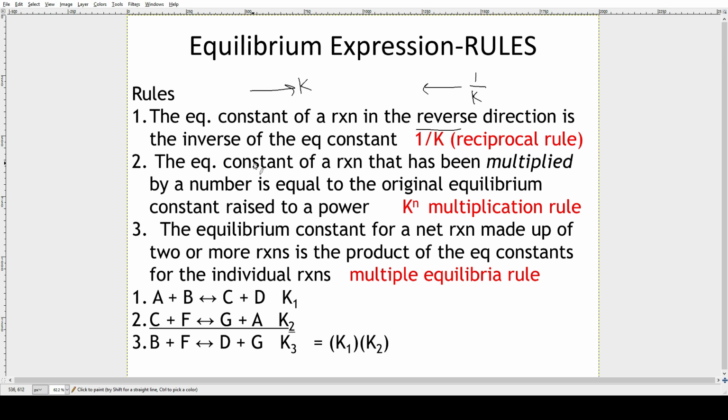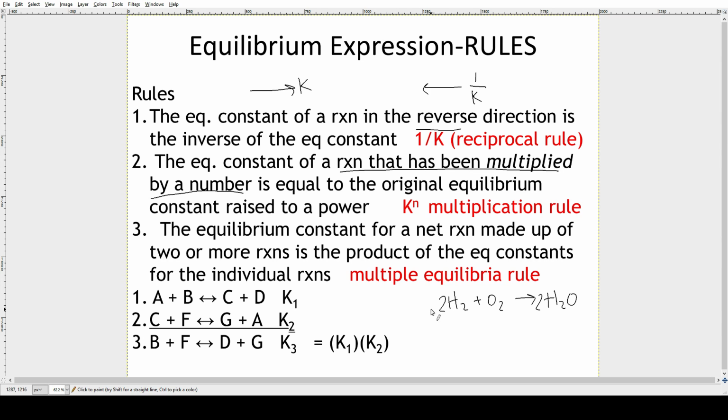Rule 2. The equilibrium constant of a reaction that has been multiplied by a number is equal to the original equilibrium constant raised to a power. So this is talking about reactions that have been multiplied by a number. For instance, if I have a reaction like this, my favorite, H2O, I'm going to balance it, so I'll have 2 of those and 2 of those.